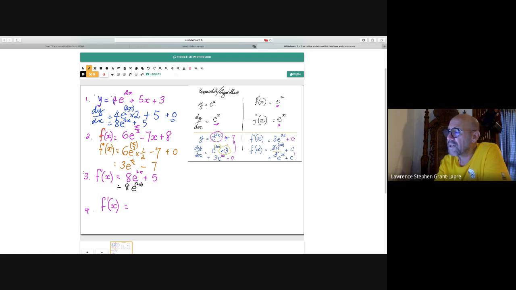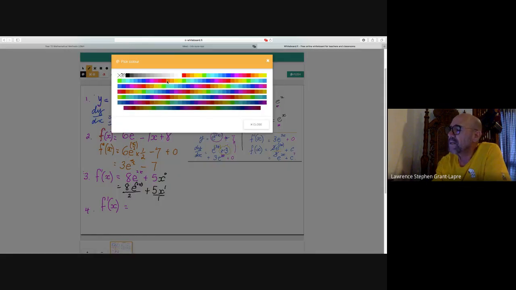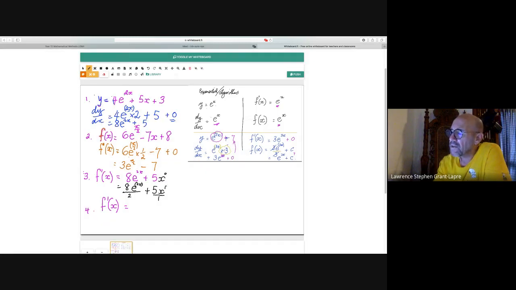And because it's antiderivative, we divide by the derivative of that bracket, which is 2. Now here we've got 5x to the power of 0. So for the antiderivative, we raise the 0 up by 1, and we divide by that new power 1. So I'll just say that again, we take the 0, we add 1 to 0, and we divide by that new power of 1.